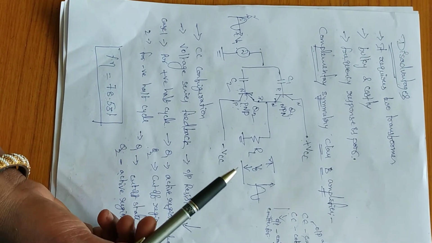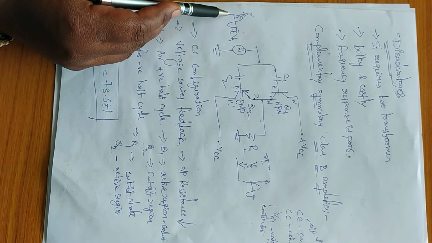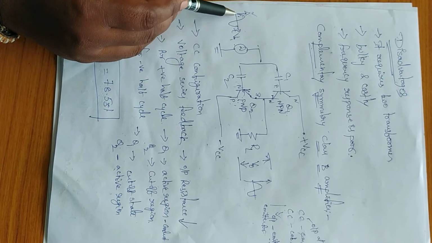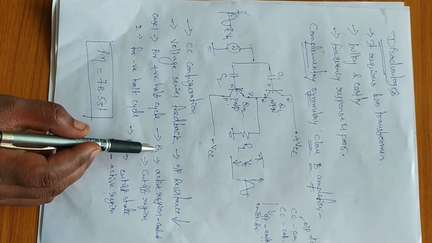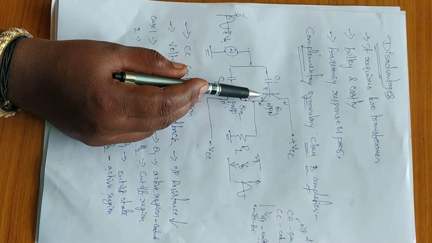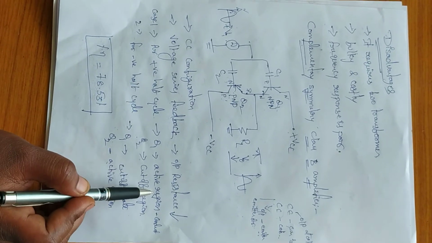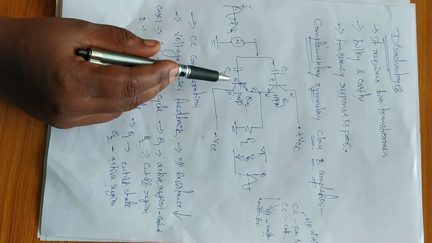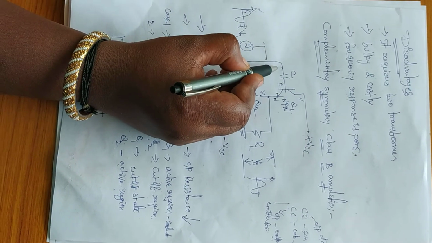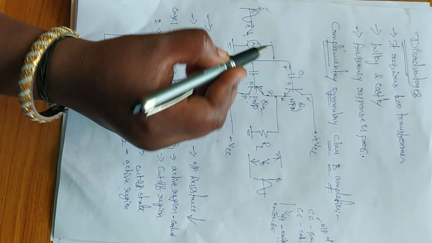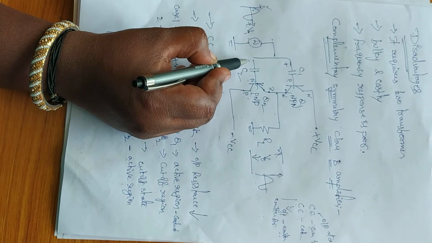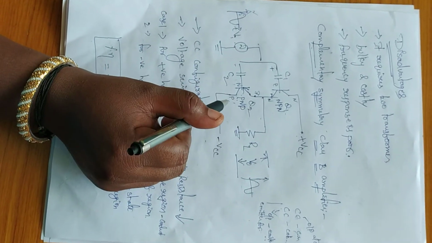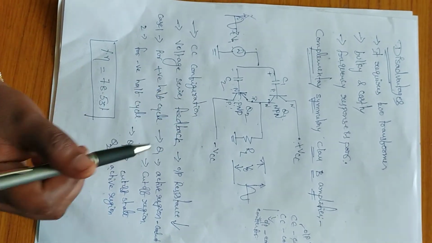Case 1 is for positive half cycle. Input signal is like this. For positive half cycle, Q1 is in active region, so conducts. Q2 is in cutoff region, because whenever here positive, here negative. So for this negative, this one does not conduct.